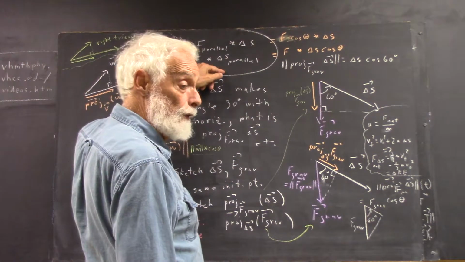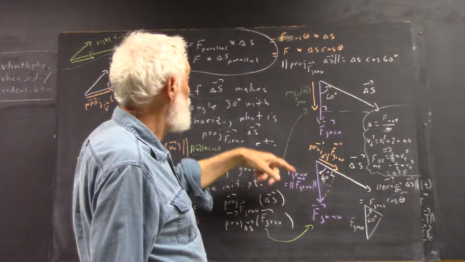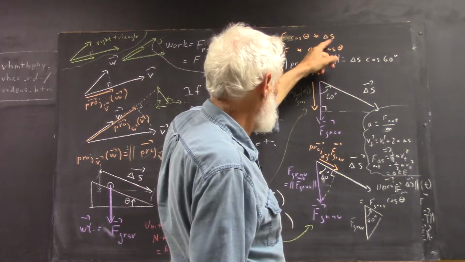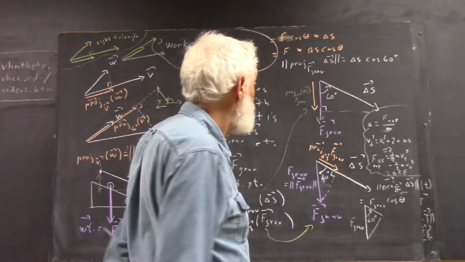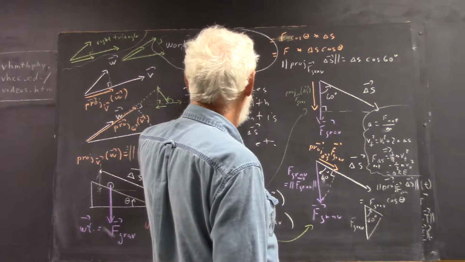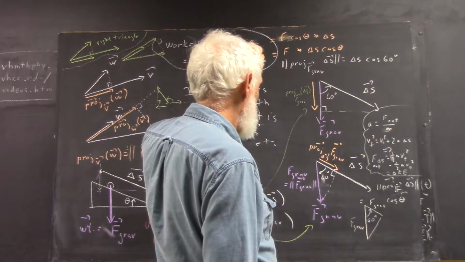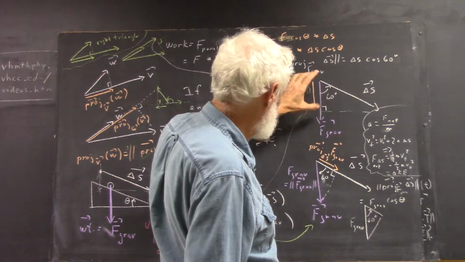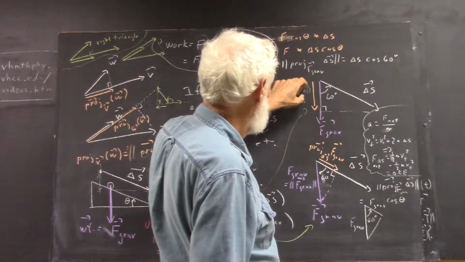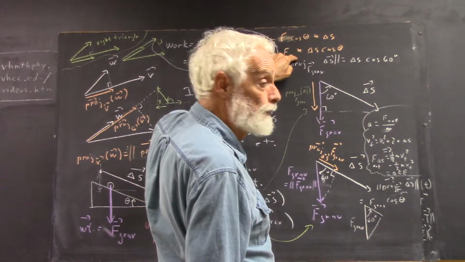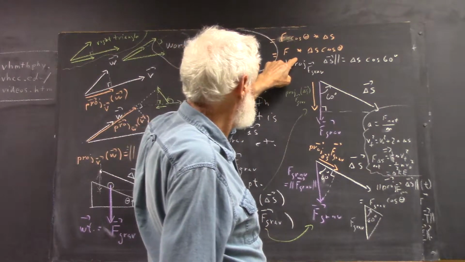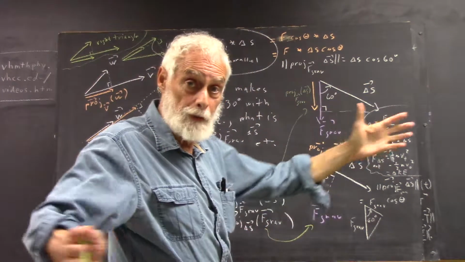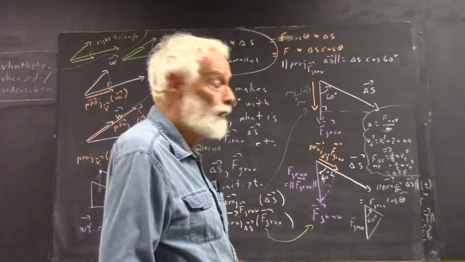Now the reason these are the same is your F parallel here would be your force times the cosine of this angle. And that's multiplied by delta S, right? And this is your force multiplied by your delta S parallel. Well, your delta S parallel is delta S multiplied by the cosine of 60 degrees to get this. Just look at this triangle. Well, this and this are identical. They don't look identical, but by the commutative law, and somebody was astute enough to ask, is that the commutative law or is it the associative? Well, it's actually a little bit of both.